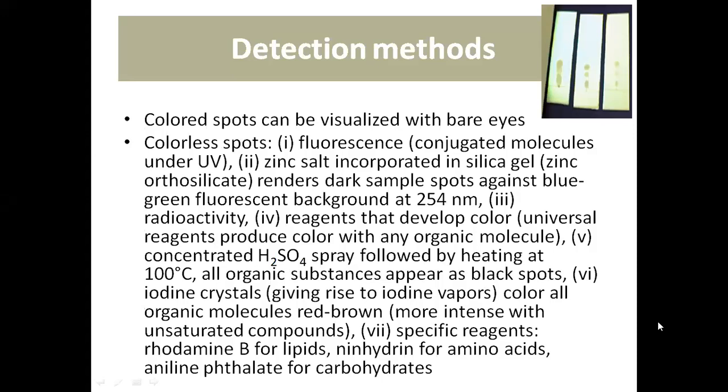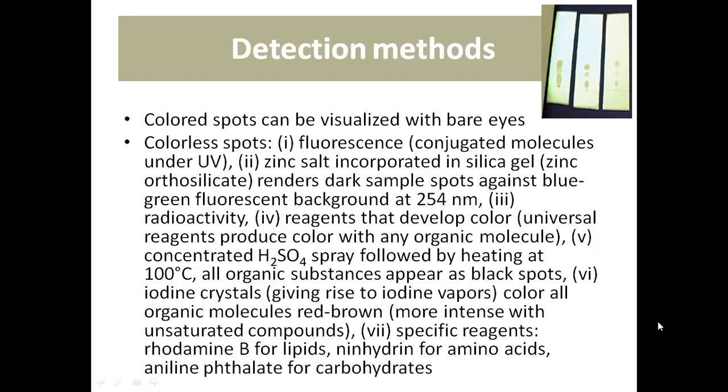What is conjugated molecules? म्हणजे एक डाय असतो, त्या डाय मध्ये फ्लुरोसन्सची प्रॉपर्टी असते. So if that dye is already bound to the sample components, then the sample components will be seen as fluorescence. Okay, fluorescent spot दिसतील आपल्याला त्या प्लेटवर, राईट. पण हे आपल्याला UV च्या खाली बघावं लागेल, then you can see the spots.